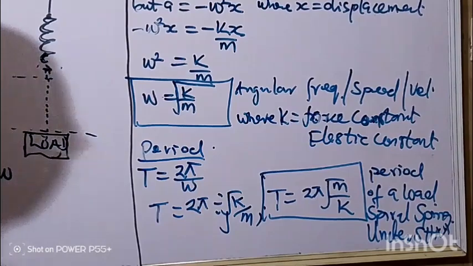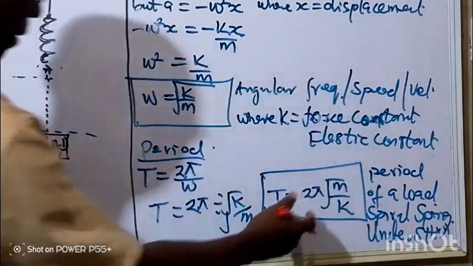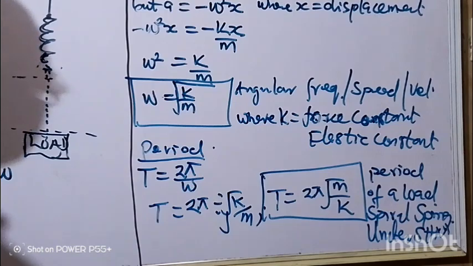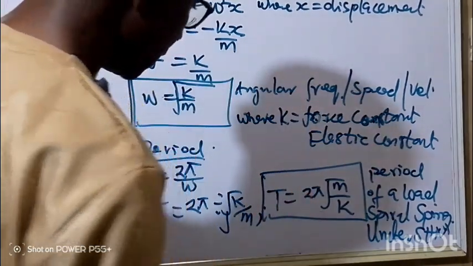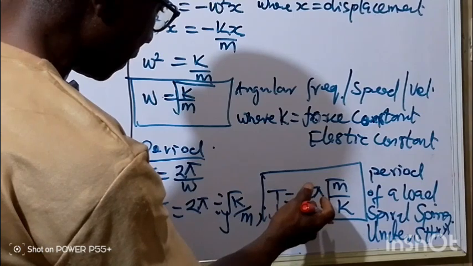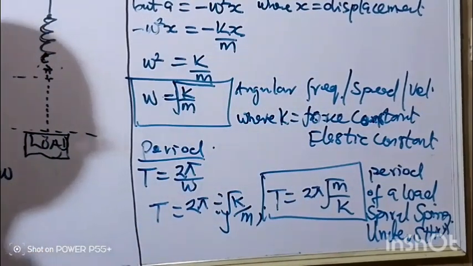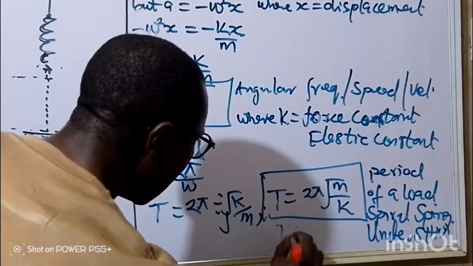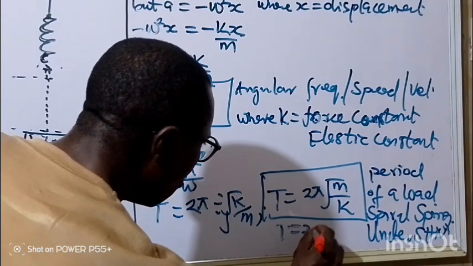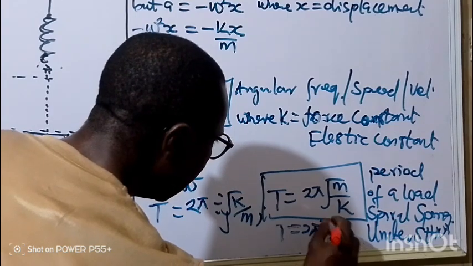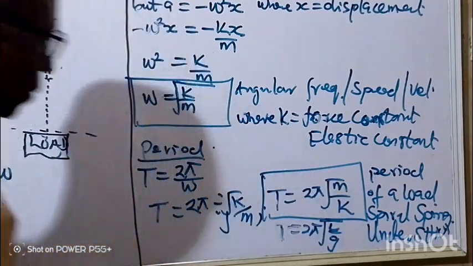If you are with me, during our last lesson, when we were dealing with the suspended simple pendulum, you noticed that the period of a suspended simple pendulum is totally different from this one. The period of a suspended simple pendulum is T equal to 2 pi root L over g. That is for the suspended simple pendulum.